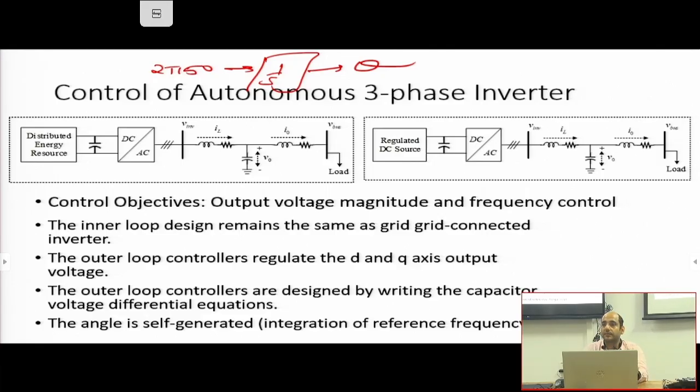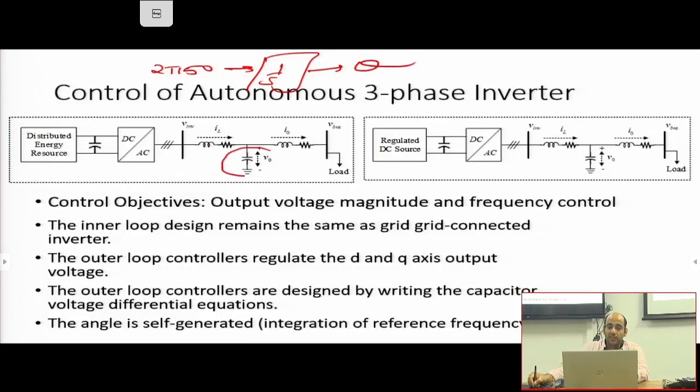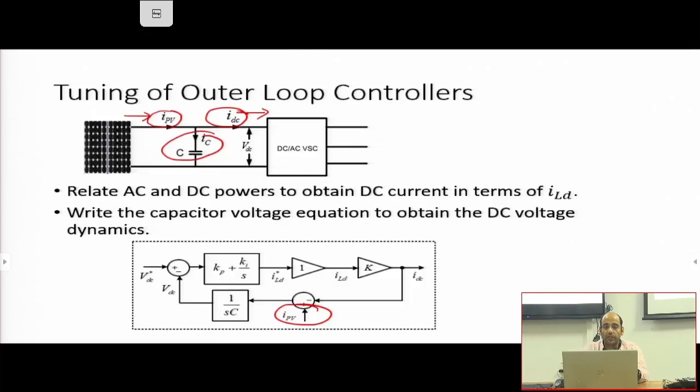Third thing is, you have to control the voltage. How will you control the output voltage? By controlling the voltage across the output capacitor, the filter capacitor, LCL. And the voltage across the capacitor will have similar dynamics as the DC link voltage shown here. There is an input current, there is an output current, and the difference will either charge or discharge the capacitor.